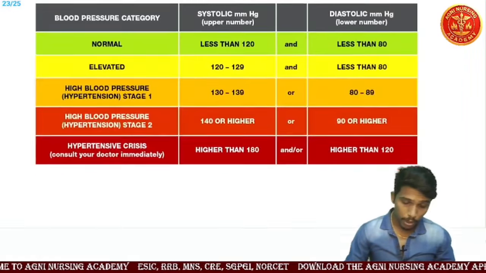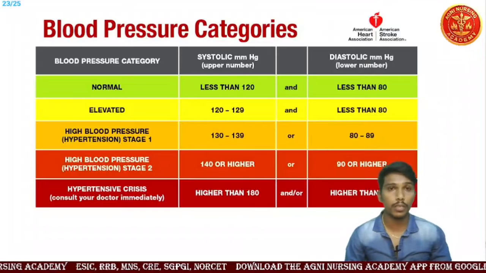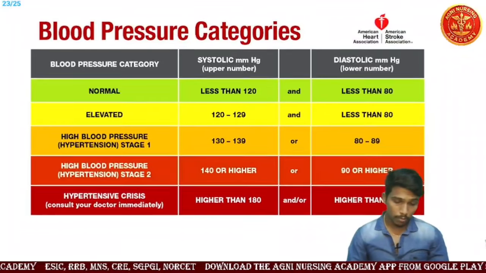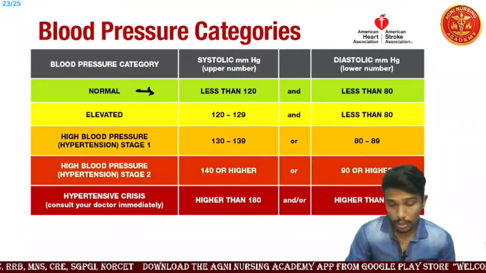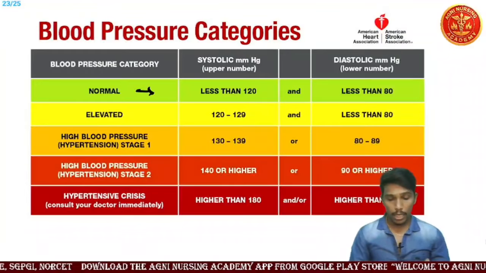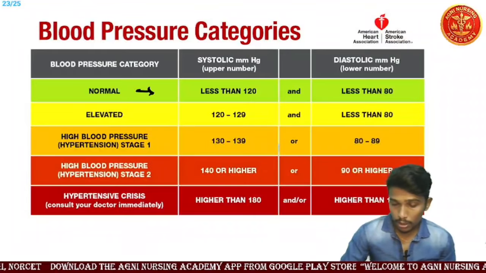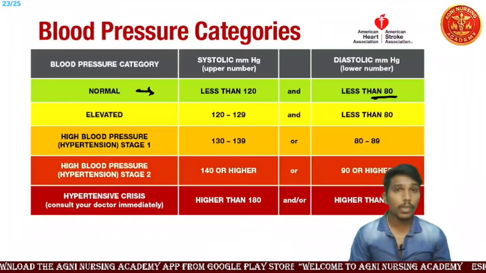Okay, coming to the table given by the American Heart Association. In the normal condition, the systolic BP is lesser than 120. If the patient's BP is lesser than 120, it's a normal BP, and diastolic is less than 80. Then coming to the next one, elevated.